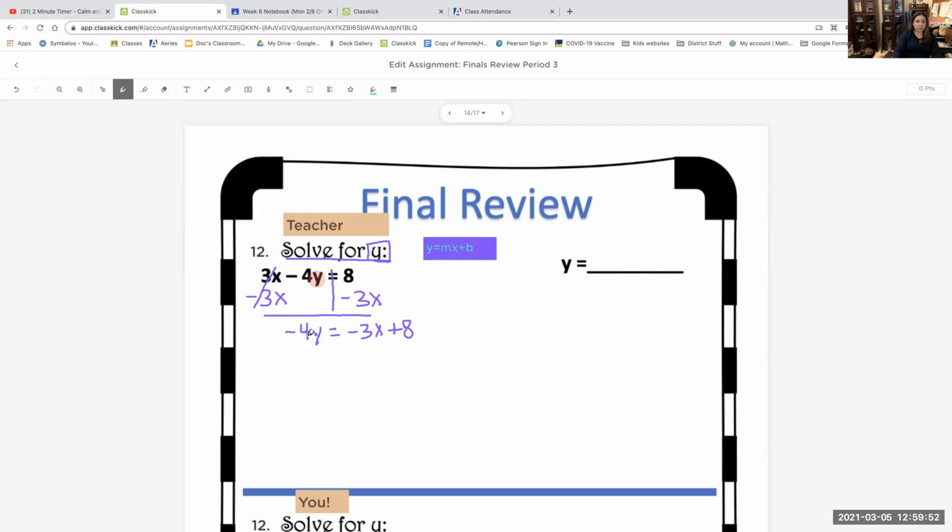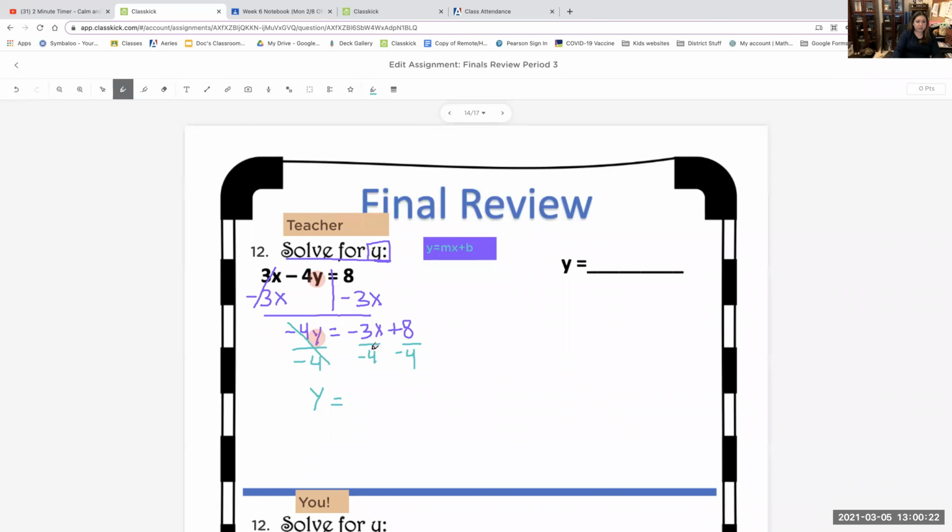From here, there's still this negative. I still need to get the y by itself. So I need to get rid of this -4. How do I do that? By dividing each one of these by a -4. So my -4s go away. Now I finally have y by itself. A negative and a negative gives me a positive, so I don't need anything.